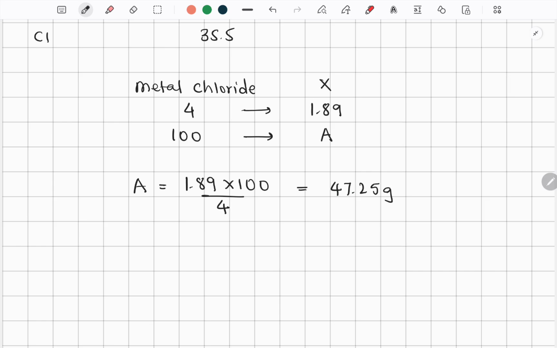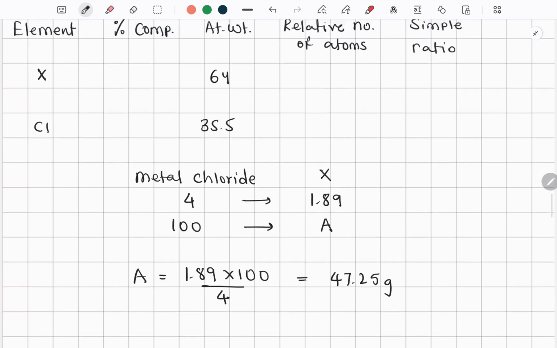Why are we calculating this? This is nothing but the percentage composition of the metal X. Whenever we calculate a percentage, it is out of 100, which is why I have taken 100 here.